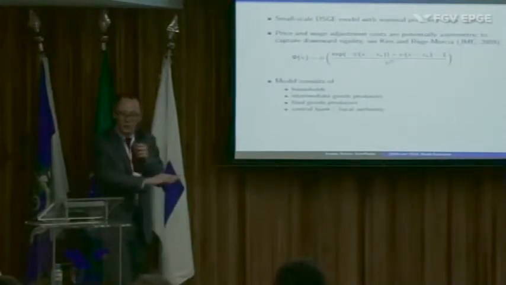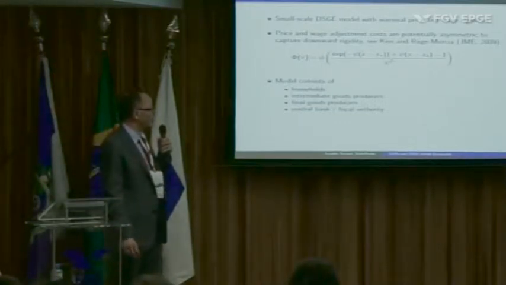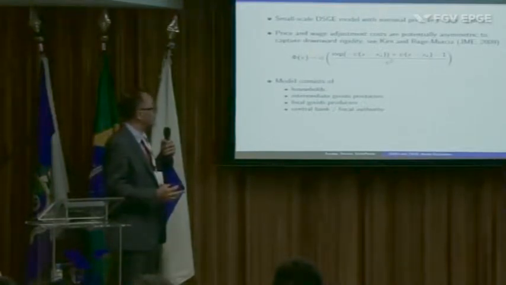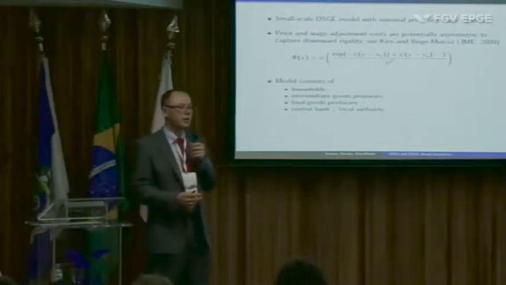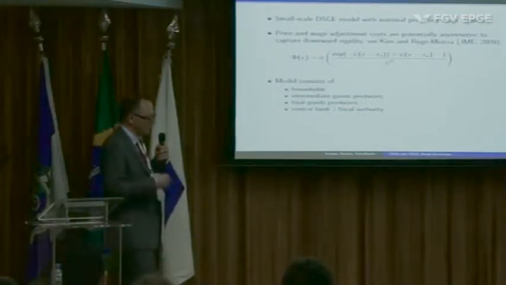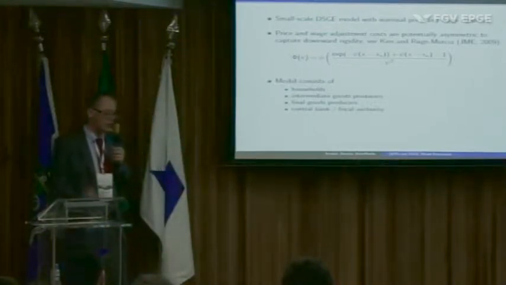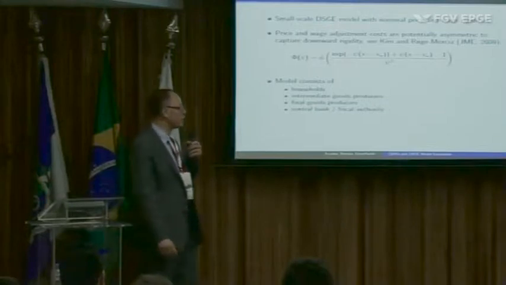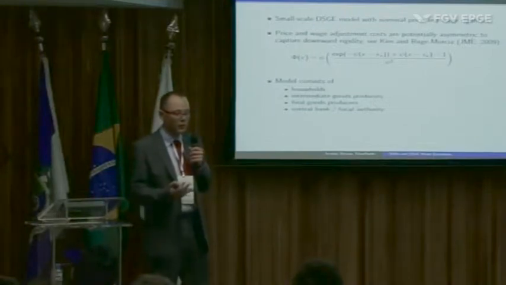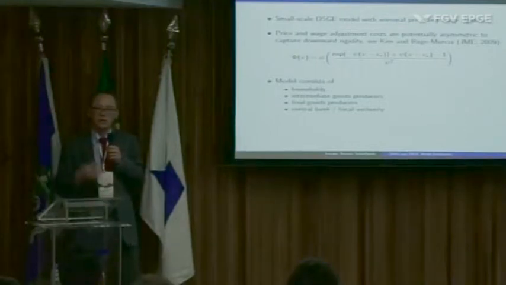Okay, so that was this time series model. And now what I want to do is talk about a DSGE model, which potentially has some of these nonlinearities that we can capture with that time series model, and then we'll see what we get. So the first time we just used a simple standard 3-equation New Keynesian model. And for those of you who've worked with this model, you know that the decision rules in that model, unless you're close to the zero lower bound, are basically linear.